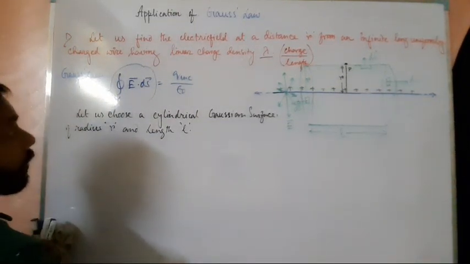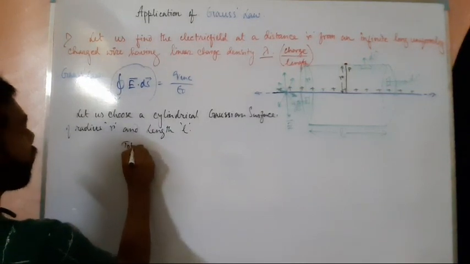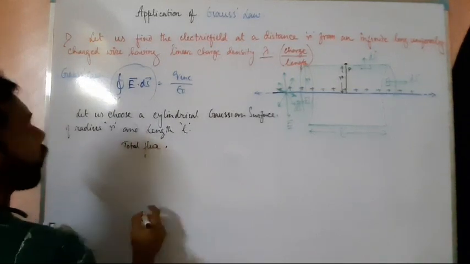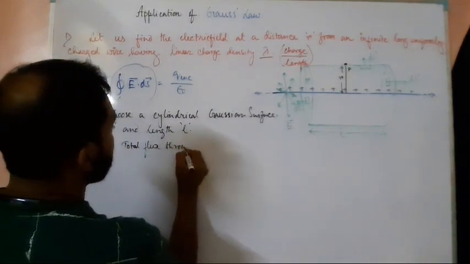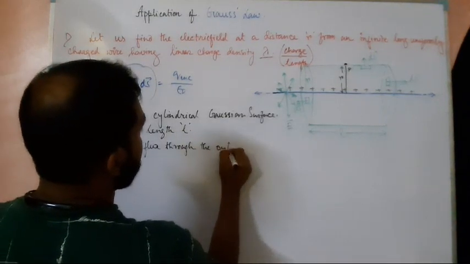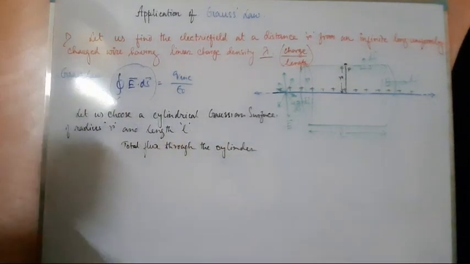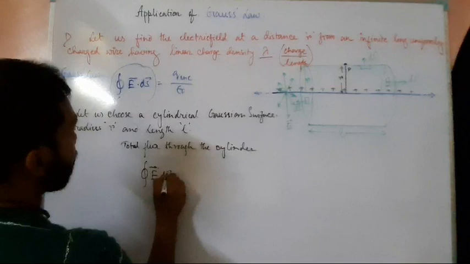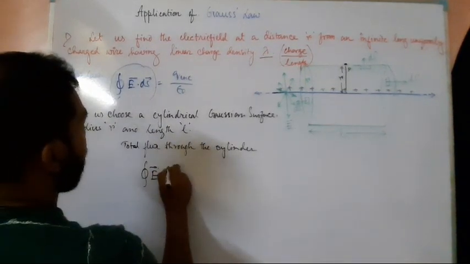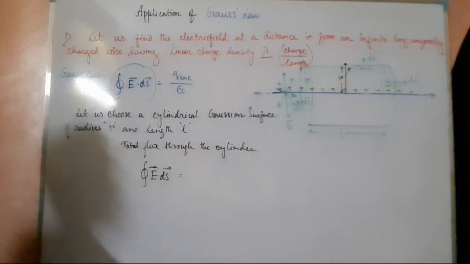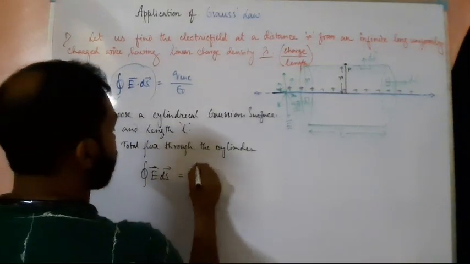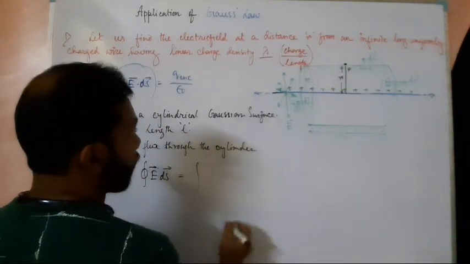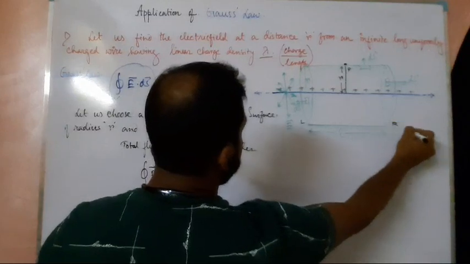First we have to find the total flux. Let us find the total flux through the cylinder. What is that? Closed integral E dot ds. Now, just like the previous sum, we are expanding this closed integral into different open integrals. So there are two plane surfaces: a left surface and a right surface.